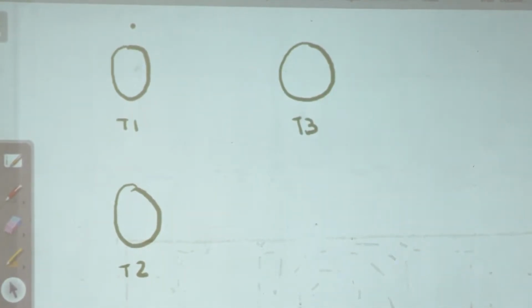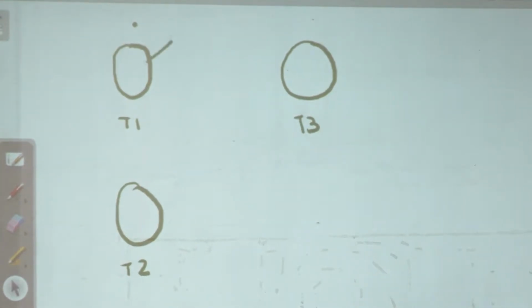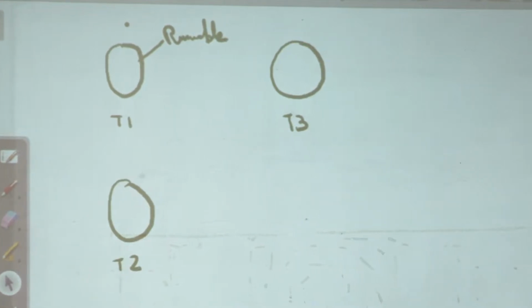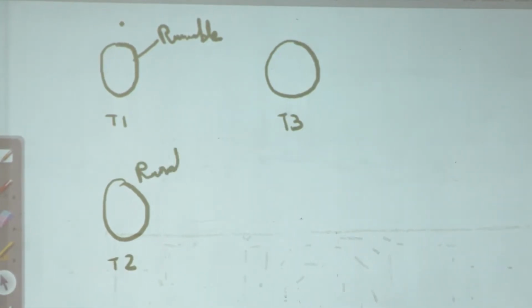Now each thread has its runnable. This thread also has its runnable. Now remember, they can be different runnables, need not be the same. And each runnable has its own run method.